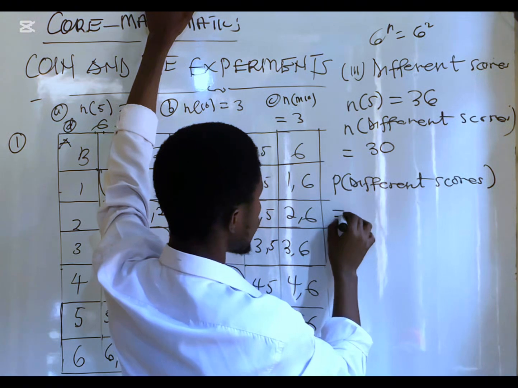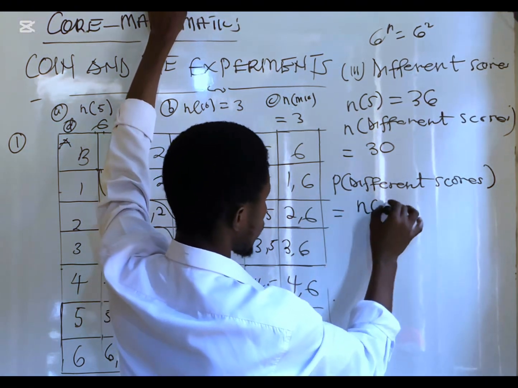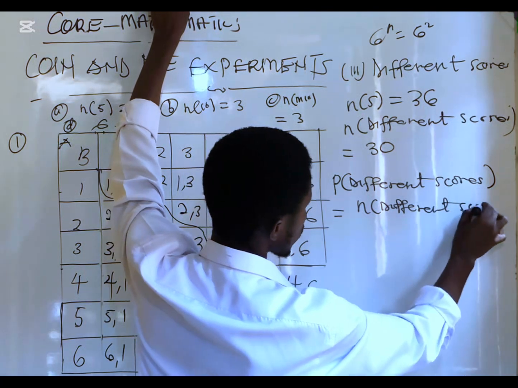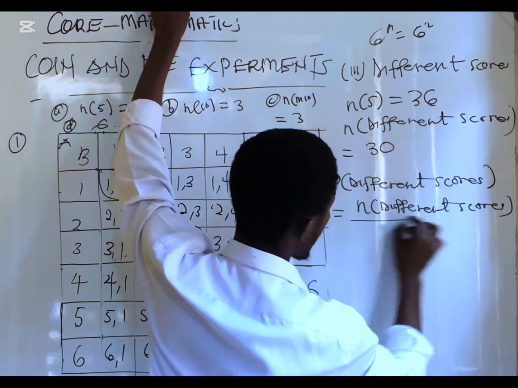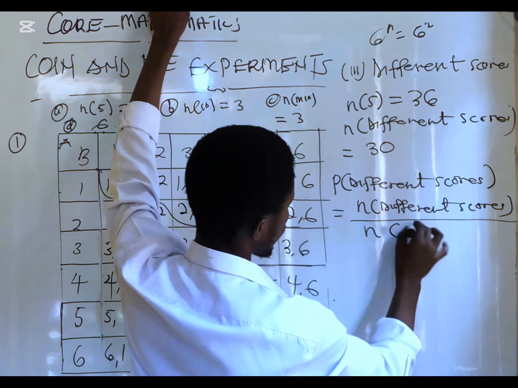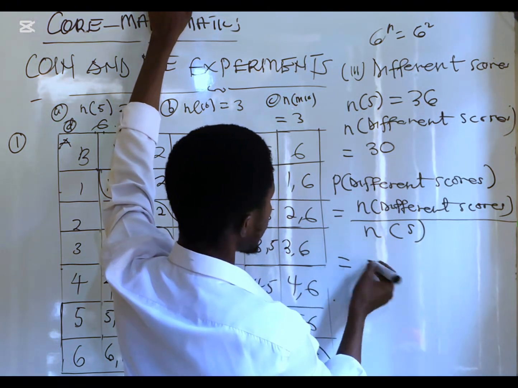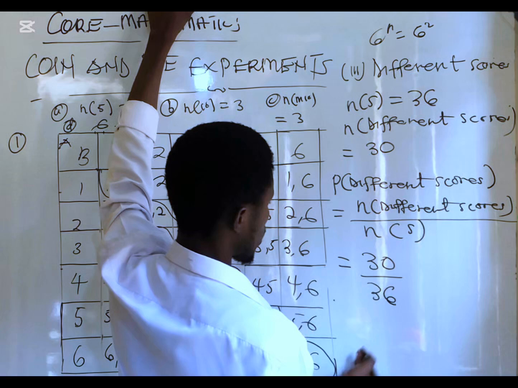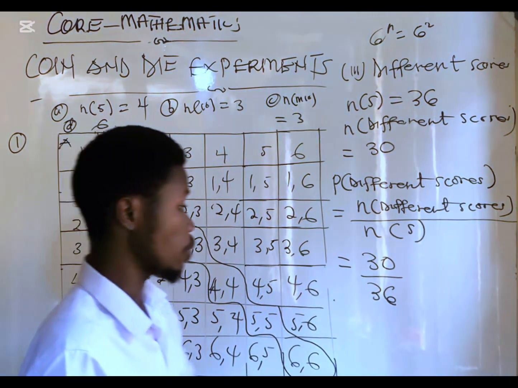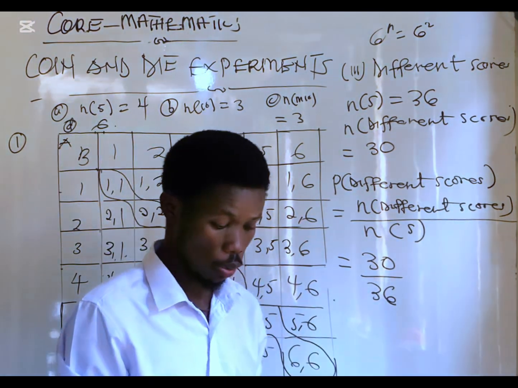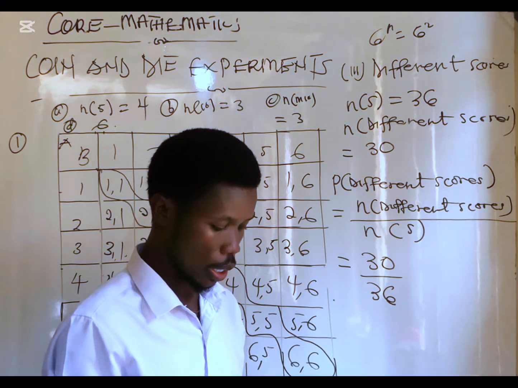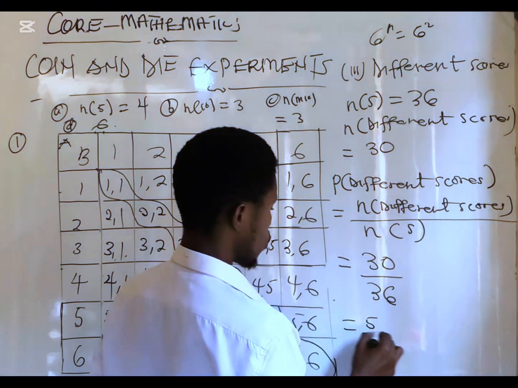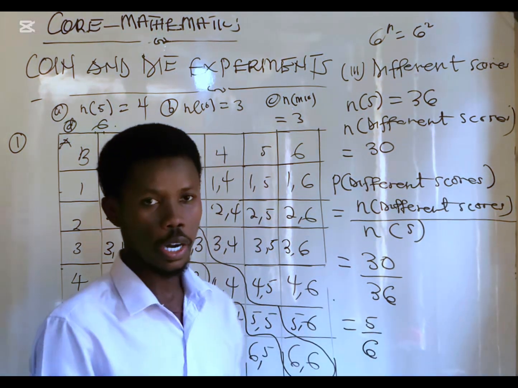That is going to be the number of getting different scores over the sample space. So getting different scores is 30. The sample space is 36. You can reduce it if it's possible. So 30 divided by 36, we have 5 over 6. 5 over 6. Is that okay?